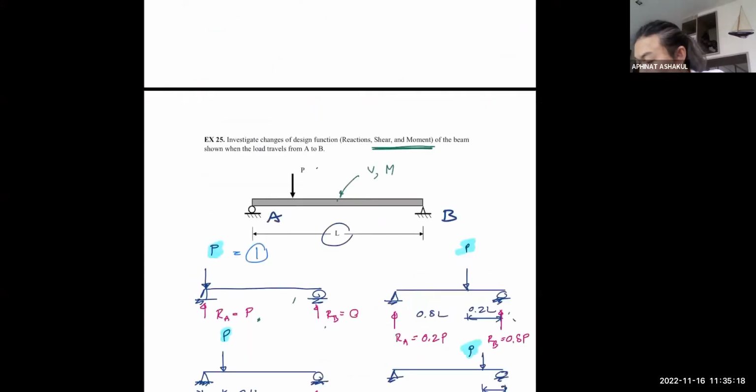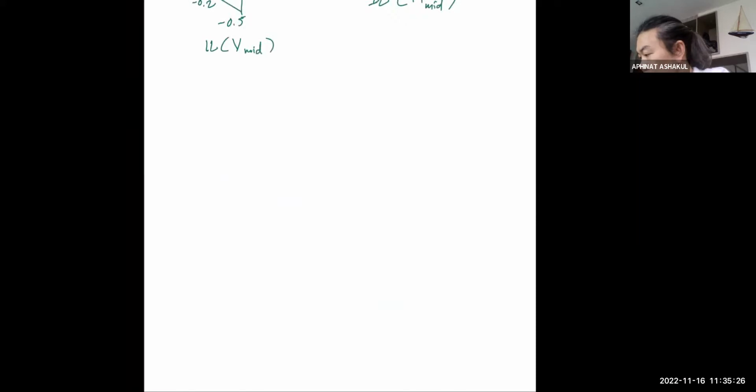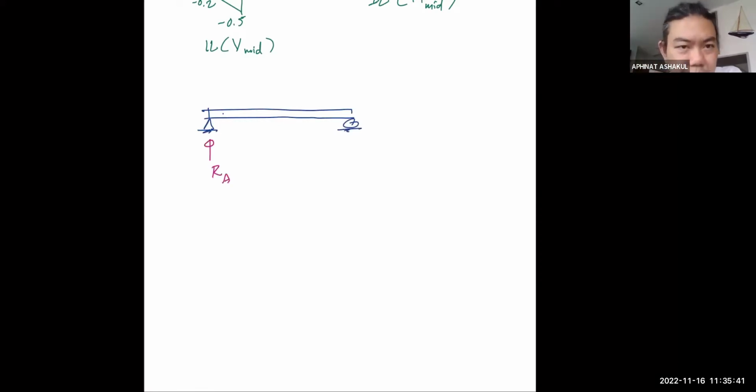We will allow RA to move freely. So let's say this is our beam. RA is there. What did he mean by allowing RA to move freely? RA is the force in the vertical direction, correct?